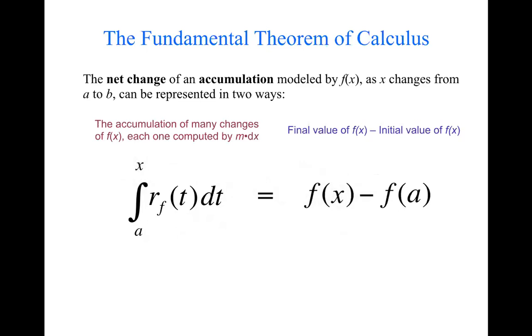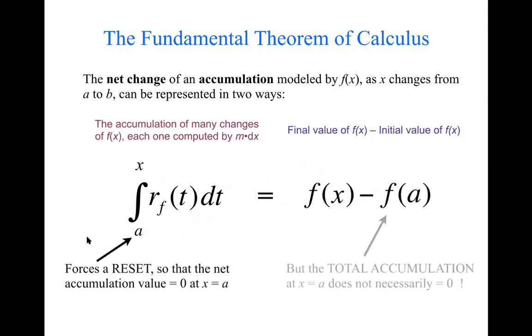So in general, that was a numerical result. This is the more general form. If I start accumulation at some position a and go through a general x, then I can model a function f of x with this relationship here. So this a at the bottom is just a starting point.